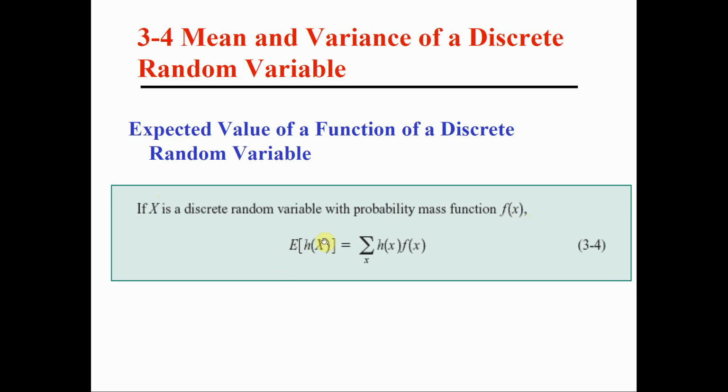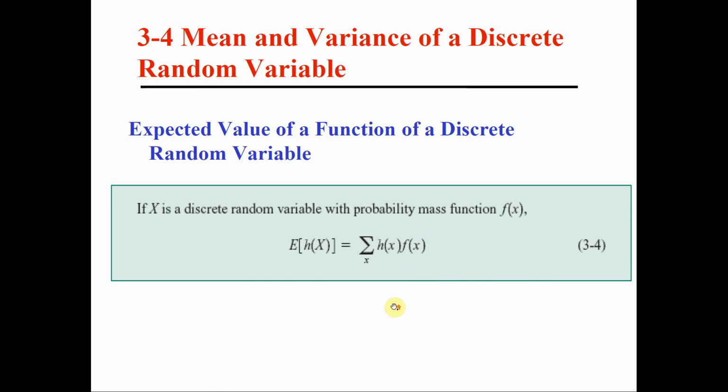H of x is any other function on the variable x. What is the expected value of h of x? Like the expected of x squared or x cubed or square root of x and so on. How do we calculate the expected of the function h of x? Again, it's the summation of the function values h of x multiplied by the probabilities.